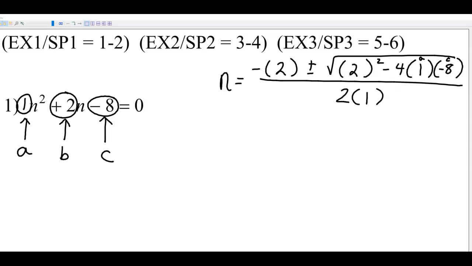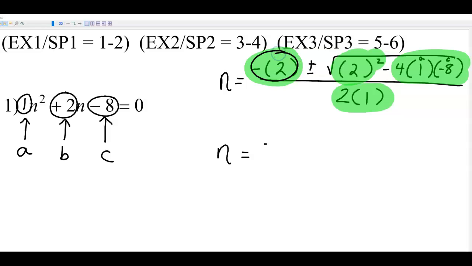All right. Now, guys, whenever I simplify these, I like to do these 4 groups first. So there's that guy, that guy, that guy, and that guy. So I'm going to do those 4 groups. Here we go. N equals, for this group, what does this become? It's just -2. We can get rid of the parentheses. And how about this group? What does this one become? 4. There you go, 4.